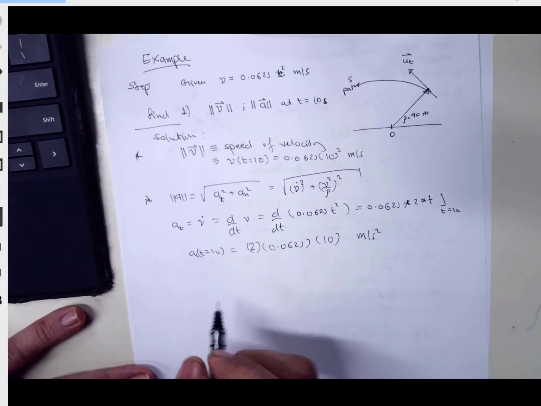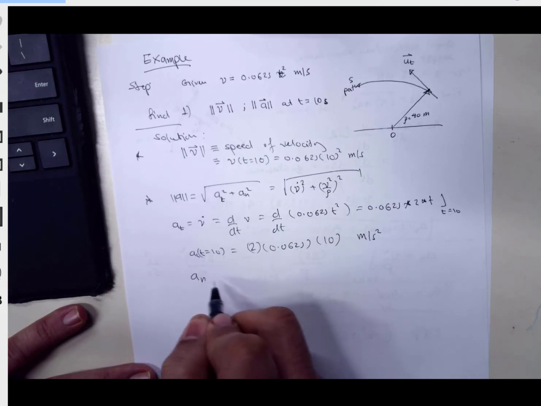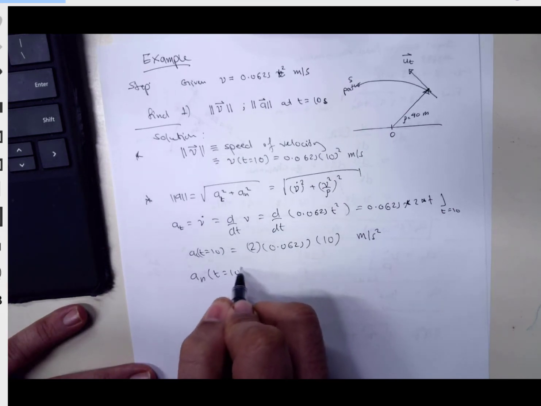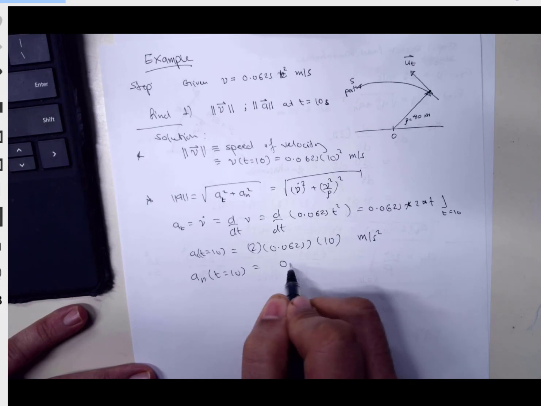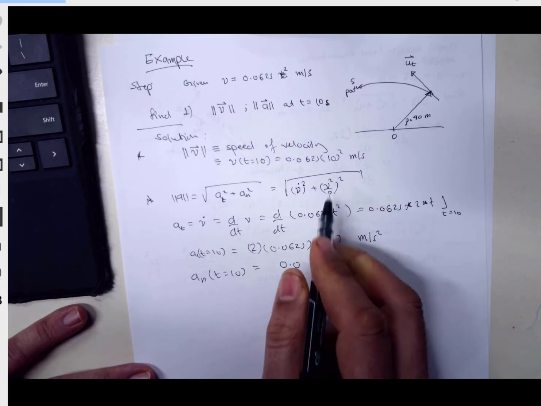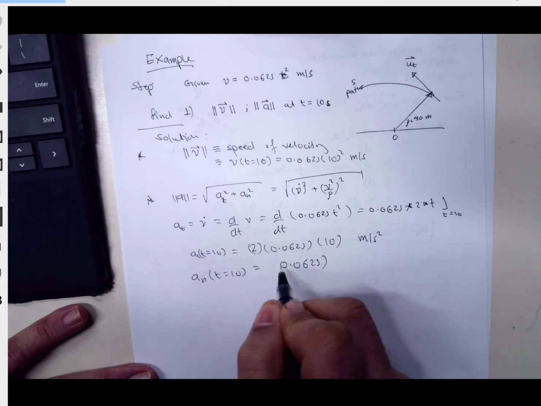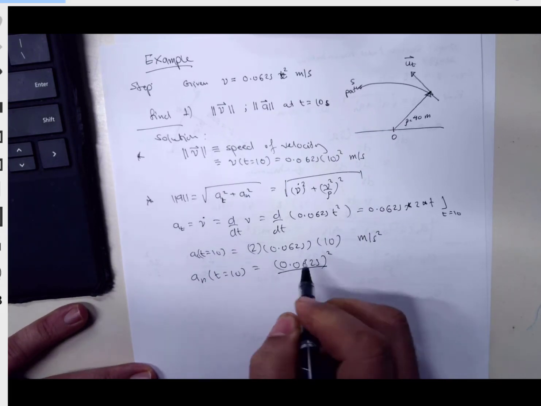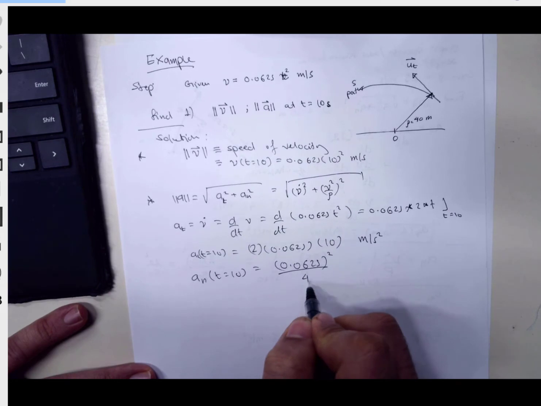I'll give you the final answers. An at time equal to 10 is equal to the velocity square over rho.